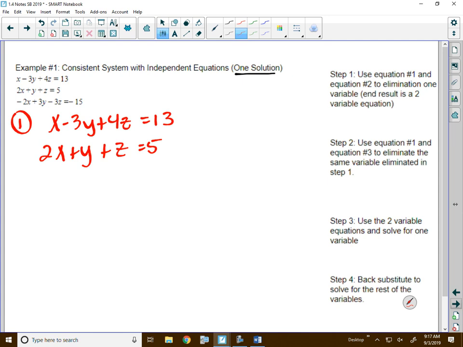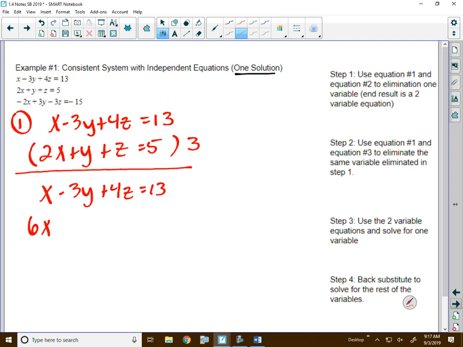So if we want to cancel out Y, what do we have to do before we can cancel? Distribute a 3. We're going to take this bottom equation and multiply everything in it by 3. That will make it so we can cancel out our Y. To make it easy, I rewrite my first equation, which stays the same. My second equation, everything gets multiplied by 3.